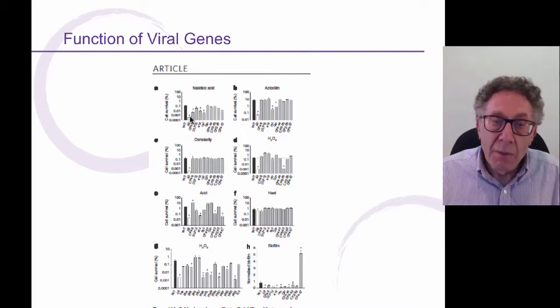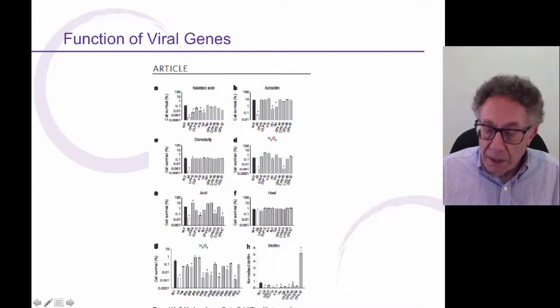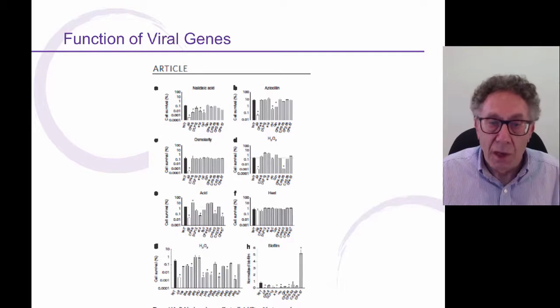Some of these made the cells more resistant or tolerant of nalidixic acid and azlocillin, some antibiotics. They also found in one osmolarity tolerance. They found a tolerance of peroxide, acid, heat, and so on. So E. coli has decided to keep some of these genes because they provide some kinds of stress response relief.